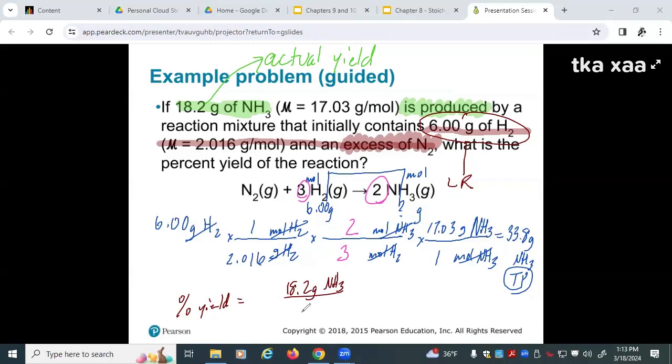My theoretical yield is 33.8 grams. Multiply by 100%. Grams of ammonia cancel. So all that's left is percent. 18.2 divided by 33.8 multiplied by 100, to 3 significant figures, 53.8%.